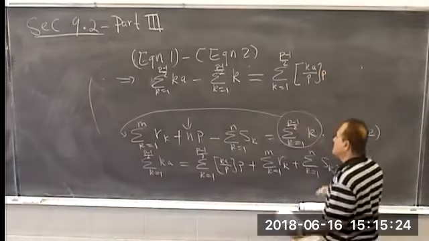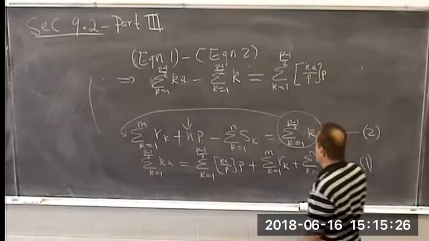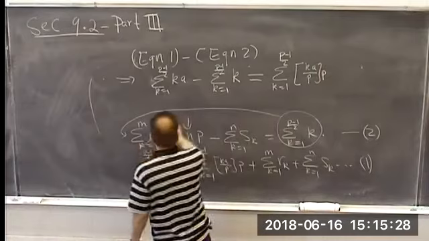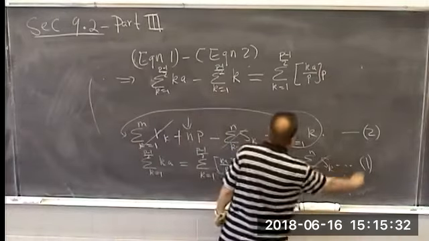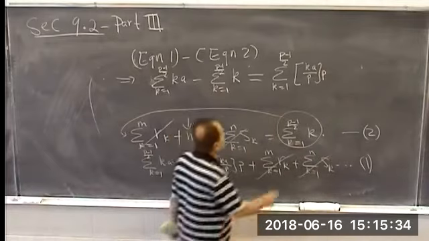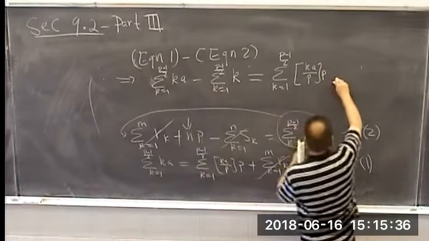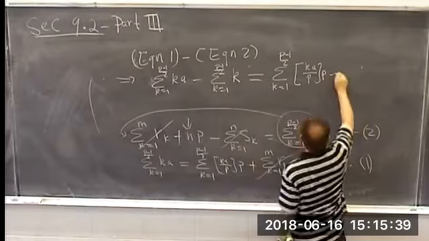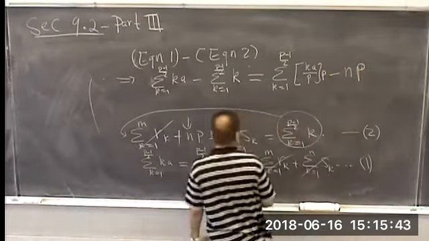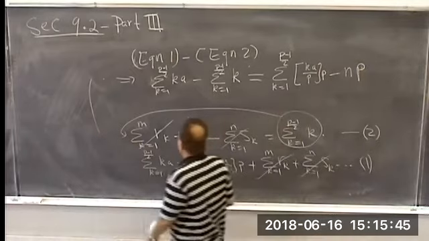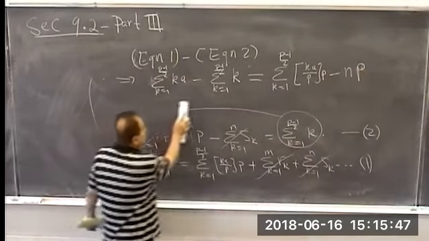But as you can see, maybe you could make our life easier. We're going to see that this one and this one are going to cancel, and this one and this one are going to cancel. So we end up with just minus, because you're subtracting 2 from 1. All right, we're almost there.